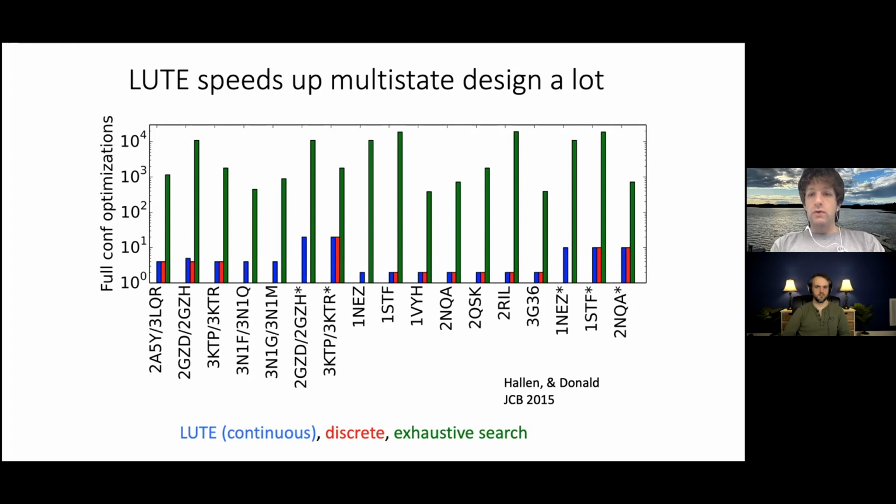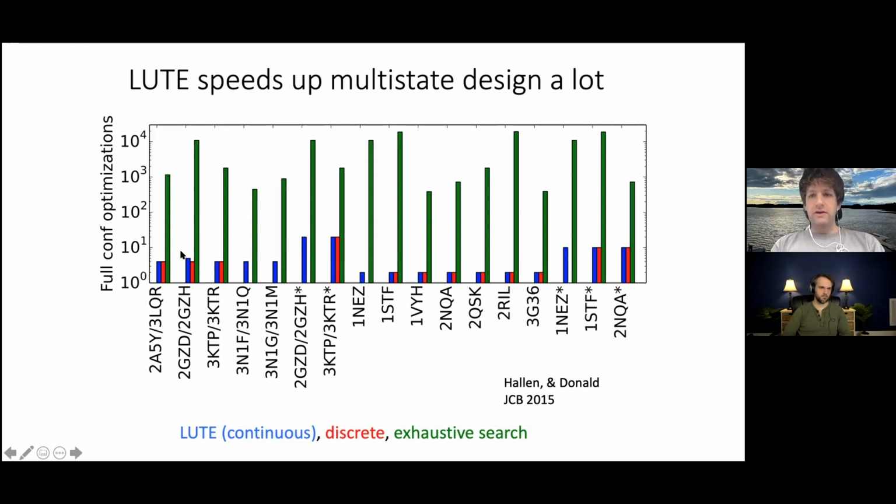Anyway, in some example cases of this type of model, what we saw is that the complexity of using LUTE, using this continuous to discrete expansion, although it would give you the same results as the results in green, where you do an exhaustive search over the molecules, which was previously the state of the art, at least for any guarantee of accuracy.